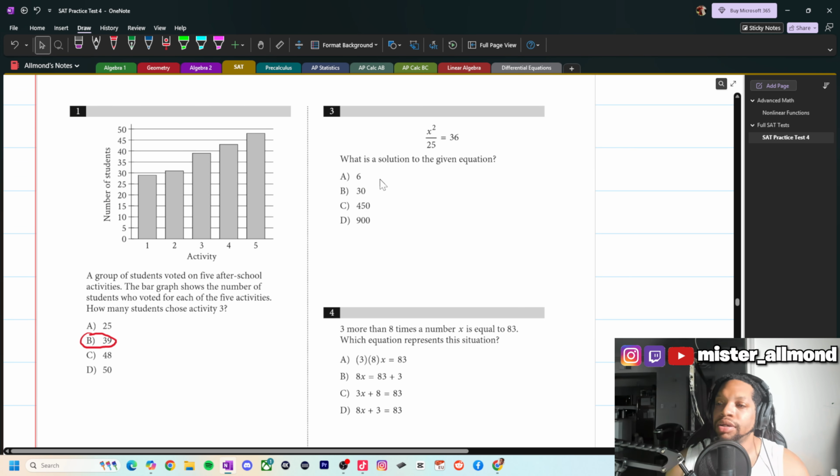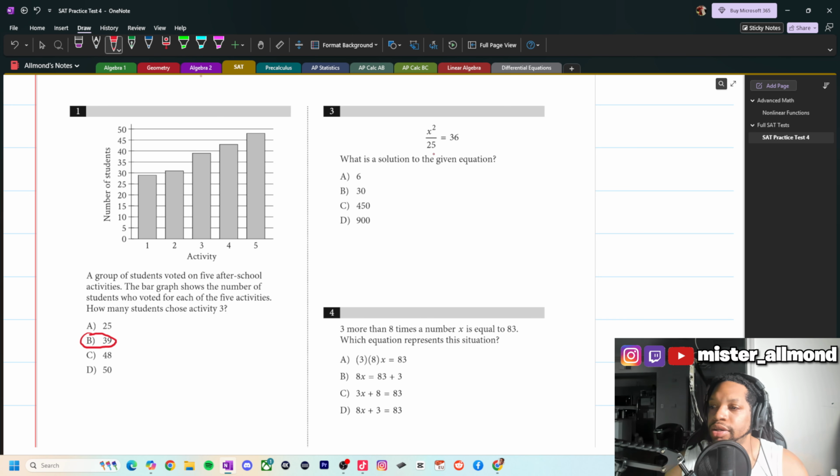Number 3, we're just solving for x. That shouldn't be too bad. Here, I'll rewrite it. And then if I'm trying to get x by itself, I'm gonna just get rid of the fraction. And then you could do it like this and then figure out what that is, or I'll do it like this on the original problem. You could technically square root both sides. That's probably easier. And then one of the properties is you can split it up like this.